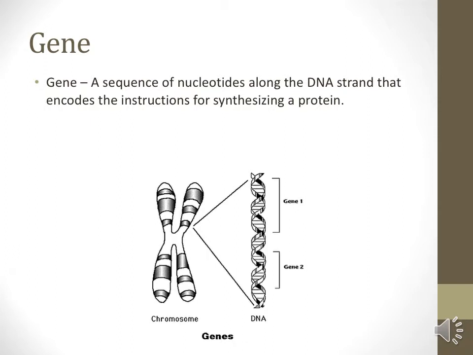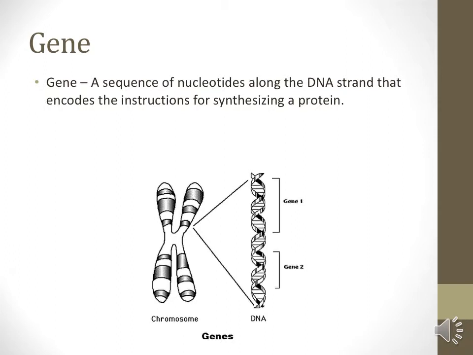Interestingly though, genes account for less than 10% of the total genome. The function of the rest of the roughly 90% of the genome is not known, and it's often referred to as quote-unquote junk DNA. This might include things like intron sequences, which are defunct copies of genes, or long tracts of repeated sequences that have no known biological function.